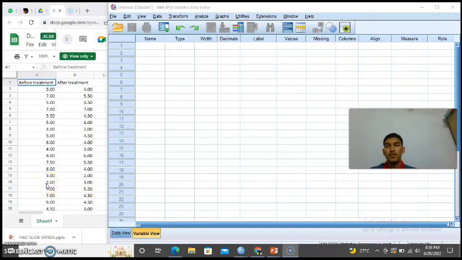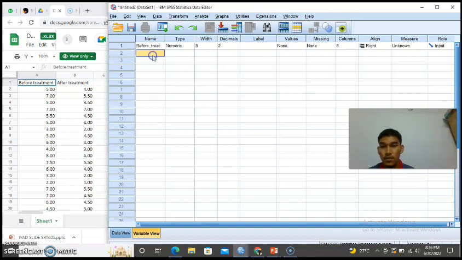Okay, next we move to IBM SPSS. For number 1, we put before_treatment. Number 2, after_treatment. For decimals, 2 and 2, no need to change.